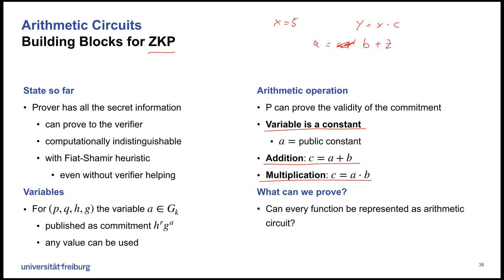Can every function be represented as an arithmetic circuit where we have plus, multiplication, and so on? So, which raises to the audience, what do you think is computable? So, what's the definition of a computable function?